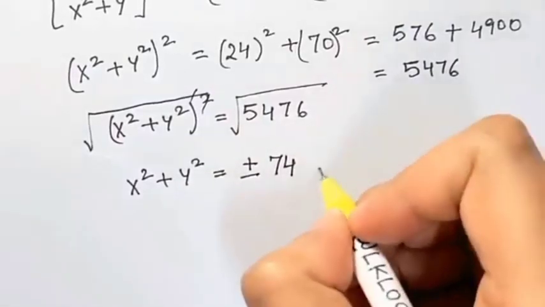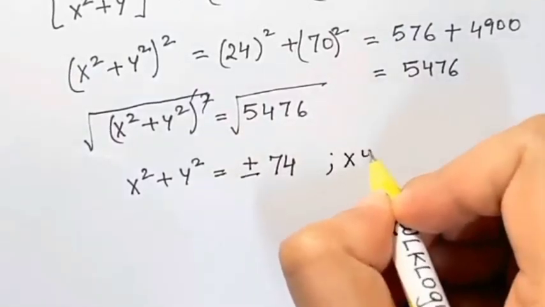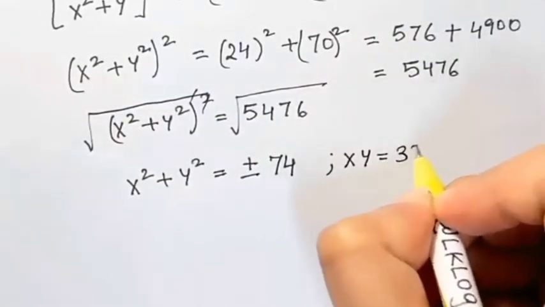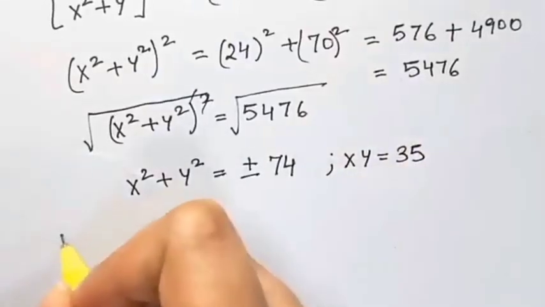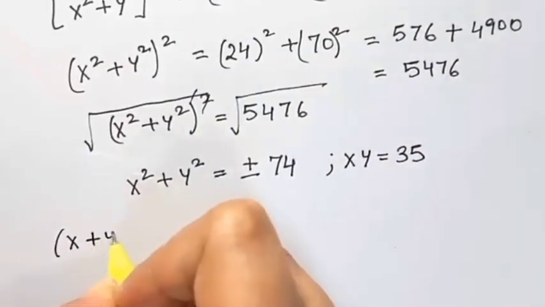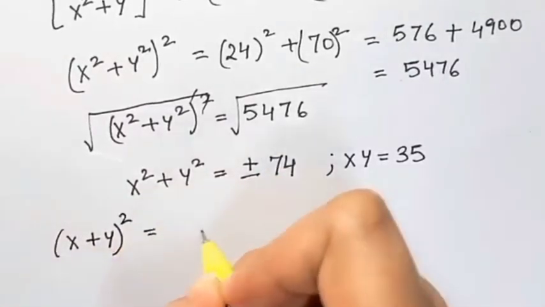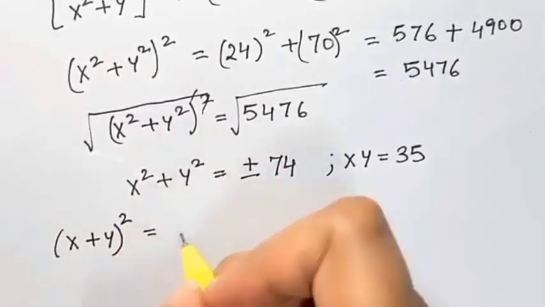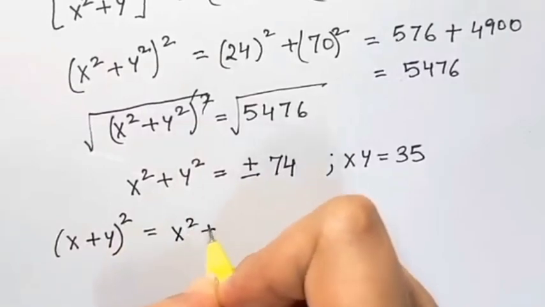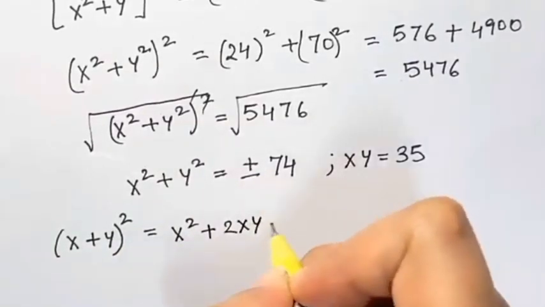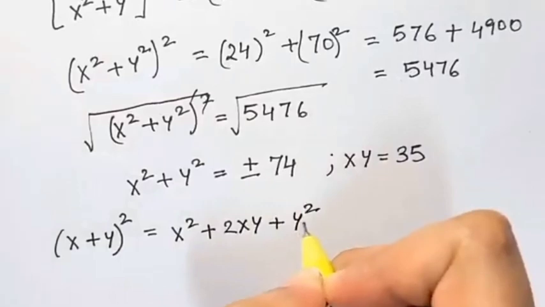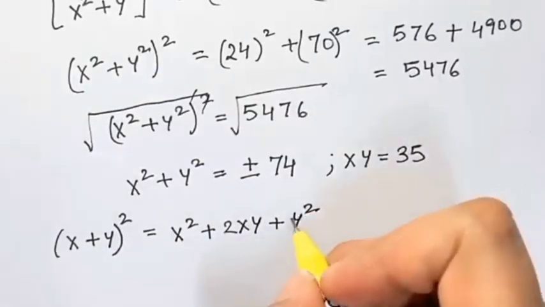Now as I already know that xy is equal to 35, let me take down this formula. We need to find x + y. So (x + y)² would be, that is (a + b)², x² + 2xy + y². And then I'm going to substitute.